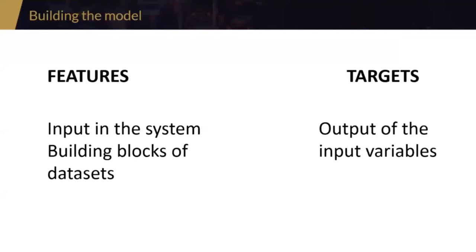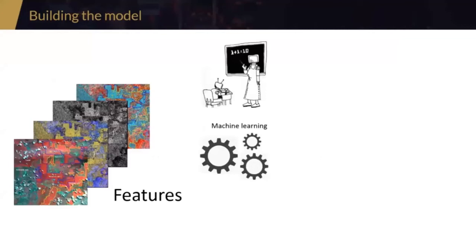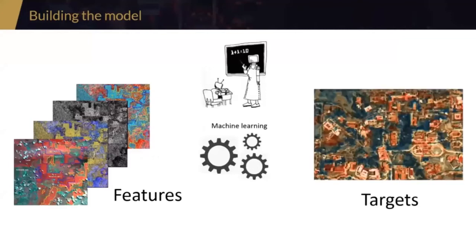It is the dataset about which we want to gain a deeper understanding. In our case, the features are the high resolution satellite images. Then we will build a model that learns the relationship of the features to the targets. In the process, we will create an intelligent model that already learns the data that we fed into it.